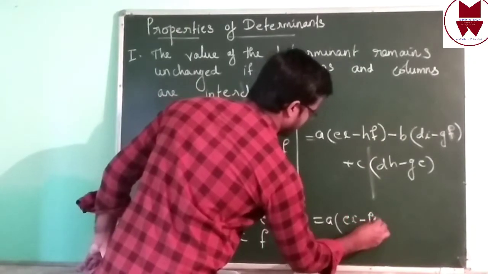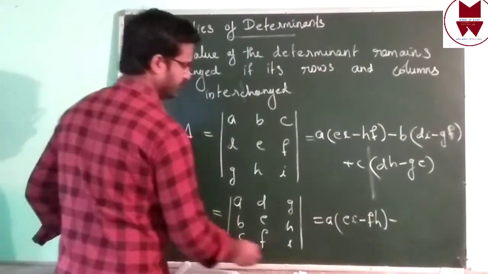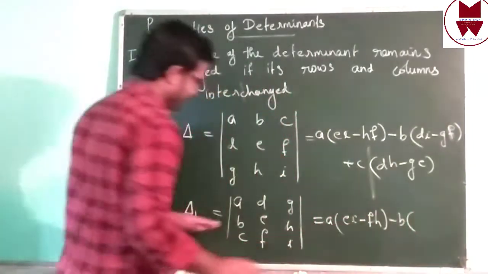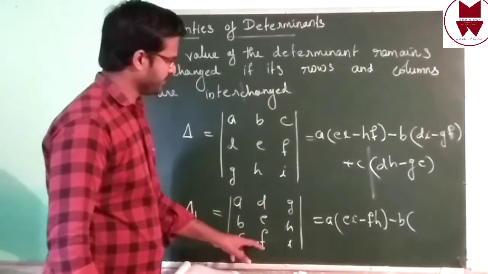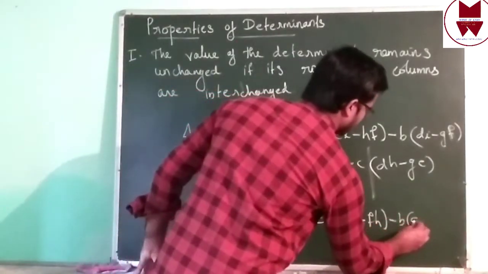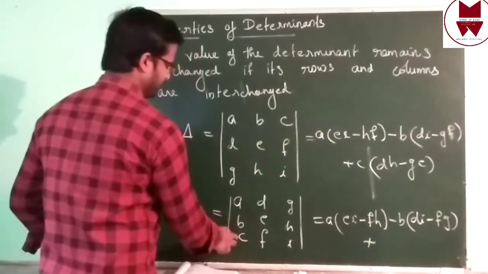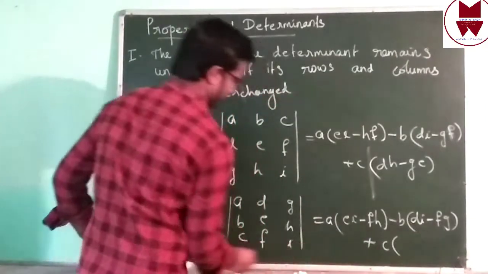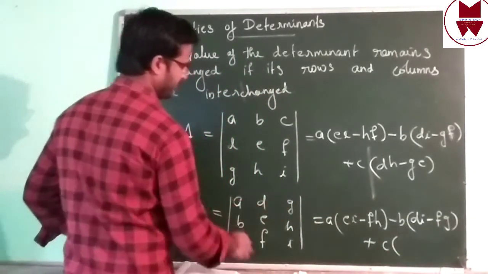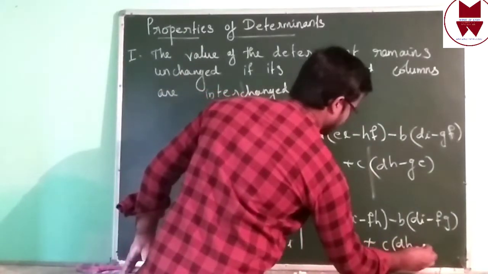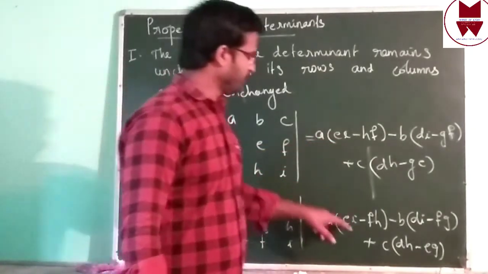Then minus B into, second row and first column, leave it, then DI minus FG, plus C into, third row and first column, leave it, DH minus EG.